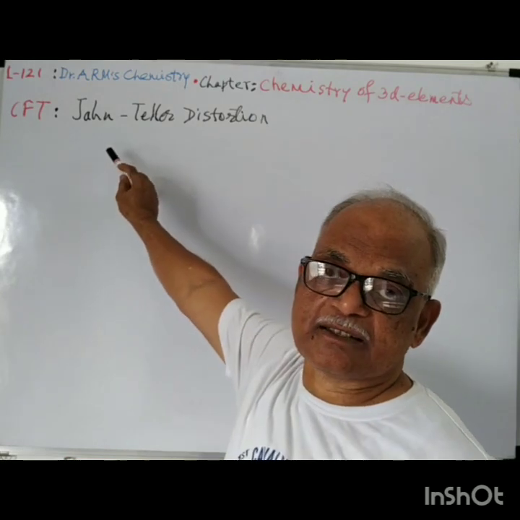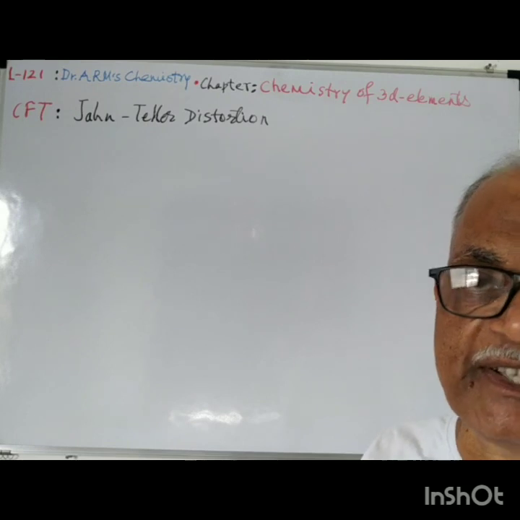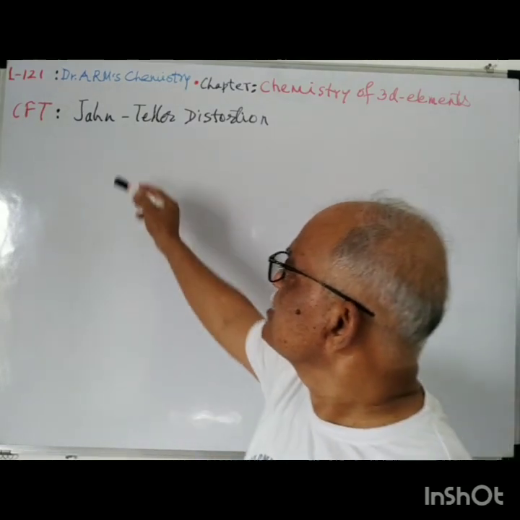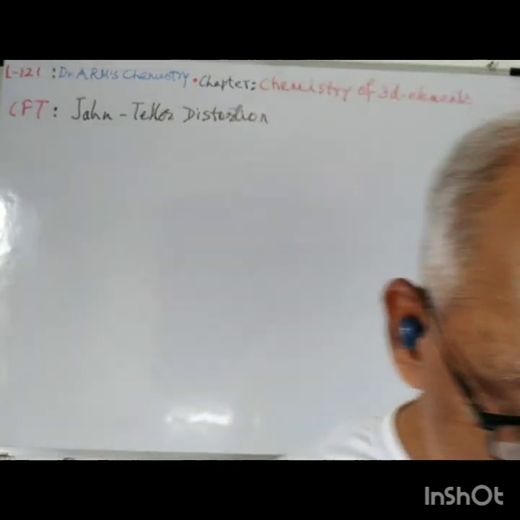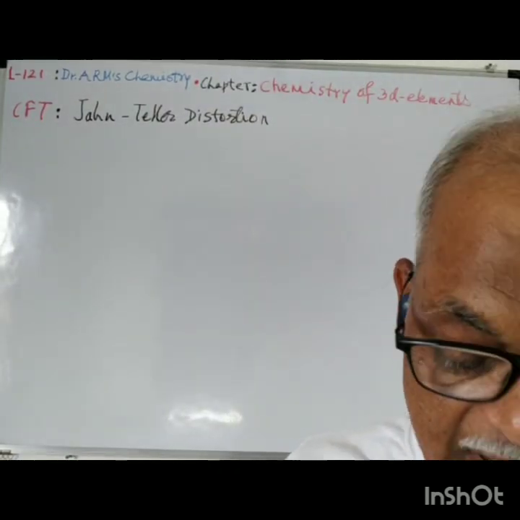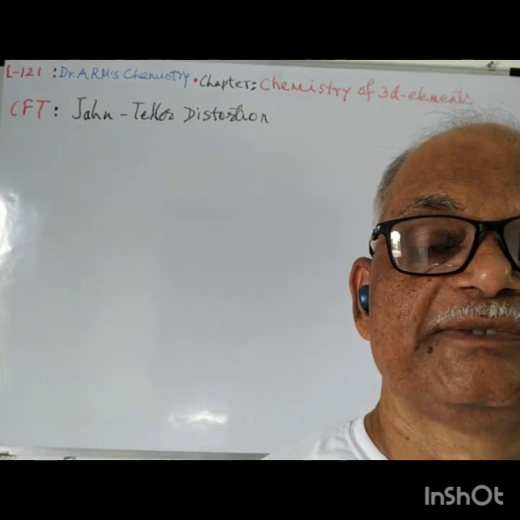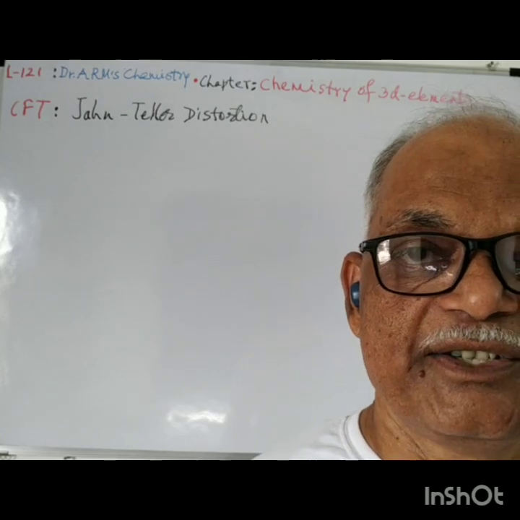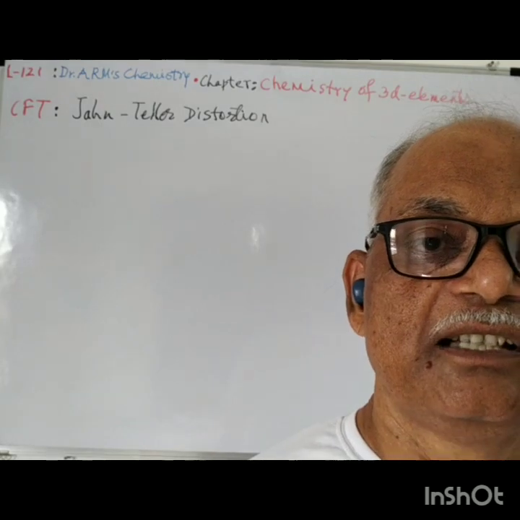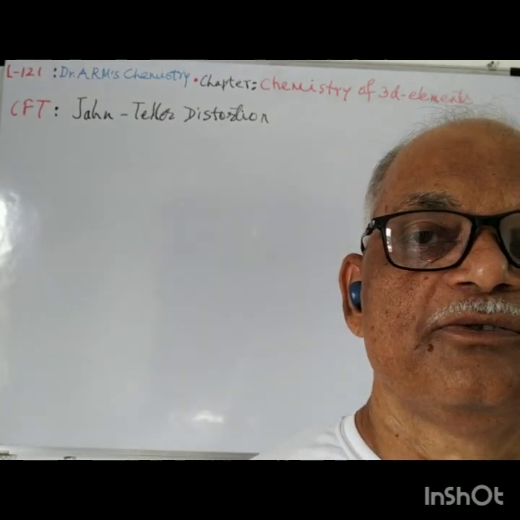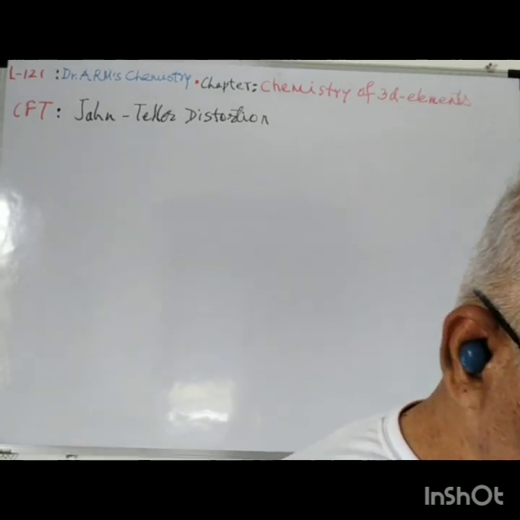We have last time discussed the octahedral crystal field theory, CFT also. Today we will discuss the Jahn-Teller distortion. Normally, in case of octahedral complexes, we expect that the ligands are arranged in the direction of the x, y and z axis, as a result of which we get the geometrical arrangement called octahedral structure.